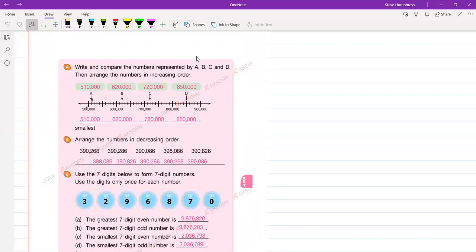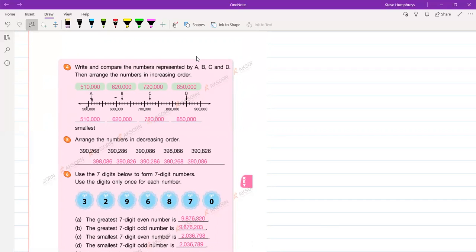B, there's 600,000 there, and it's 2 increments after. So each increment is 10,000. Same with C, there's 700,000, 2 increments after. What's that number going to be? And here it's halfway between 800,000 and 900,000.